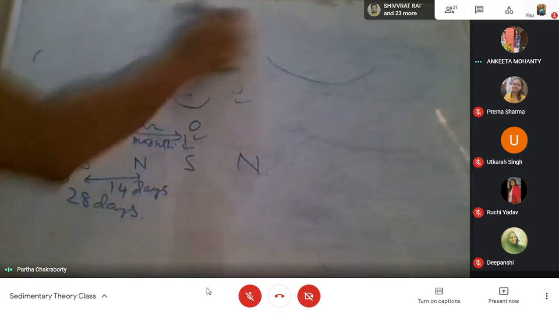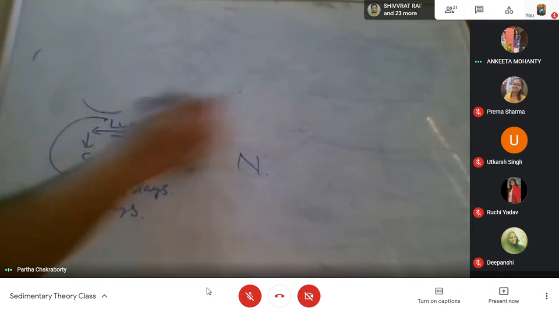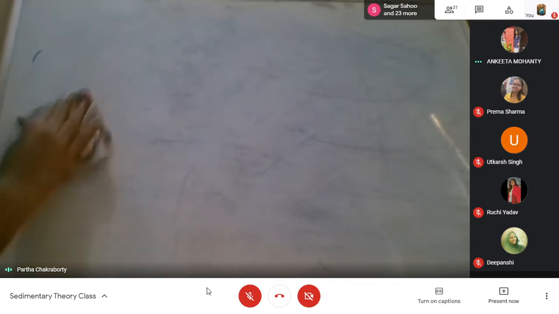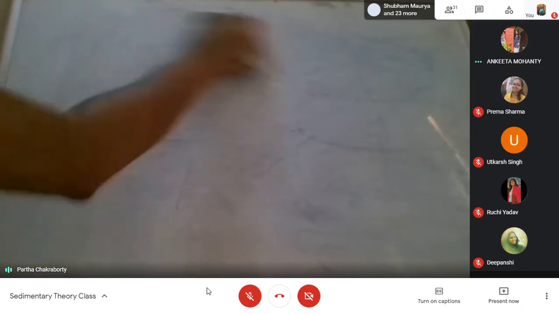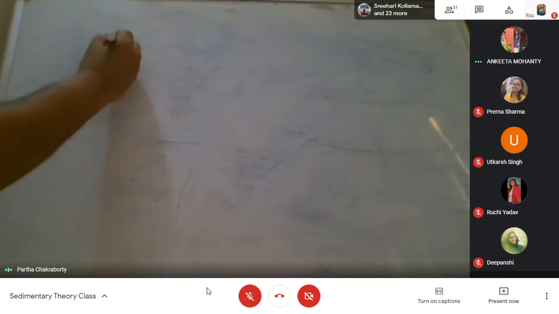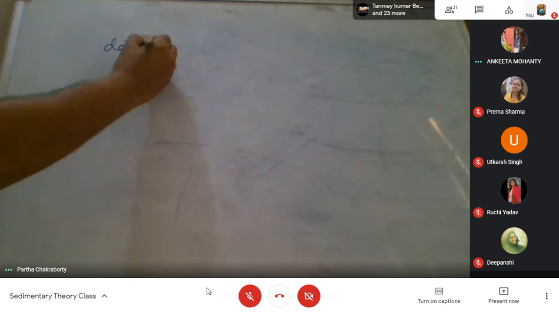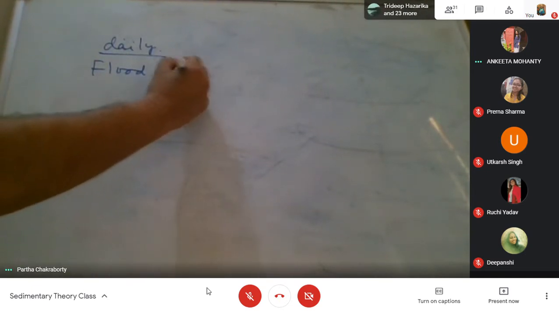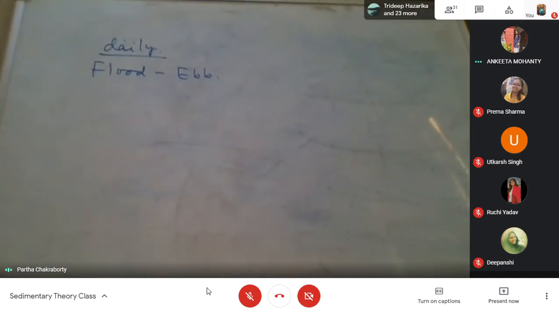The tidal current also has another order of cyclicity, which is a daily cyclicity, what we call the flood and ebb, which we call the Joar and Bhata. That is flood and ebb, which operates daily.